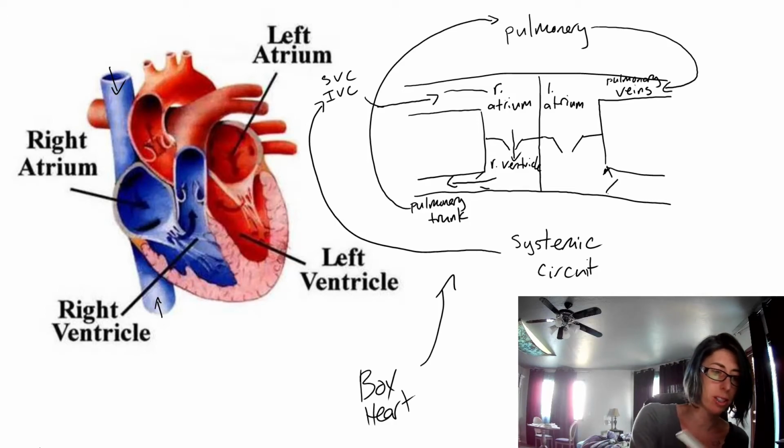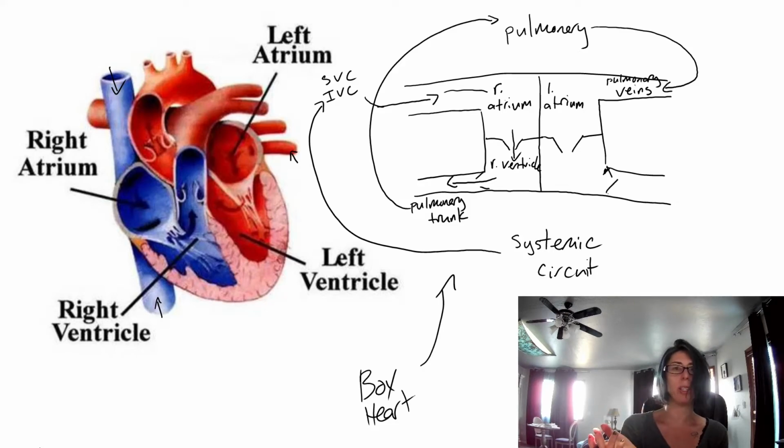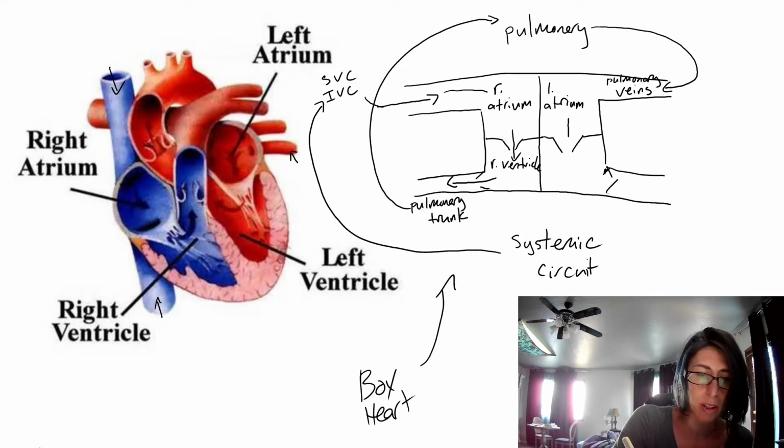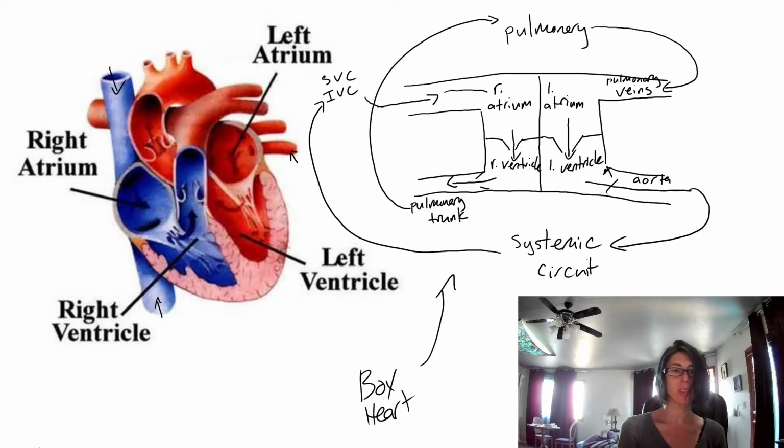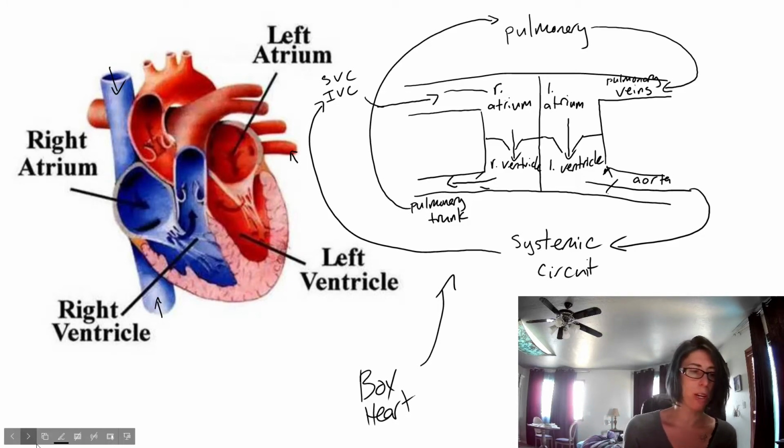And remember, that's these. There's two on the right and two on the left, and then they all come together. Okay. It goes from the left atrium down to the left ventricle, and then is sent through the aorta to the systemic circuit, to the rest of the body. Okay? So that's a box heart just to help with the directionality.